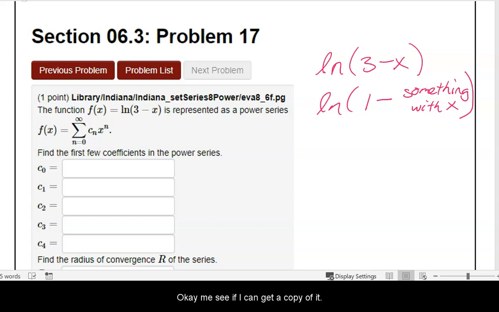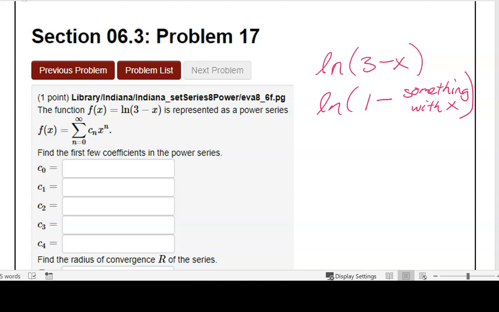Okay, let me see if I can get a copy of it. That is not a good picture. Let's see if that's a better picture. Hang on while I find a better picture. That's a terrible picture.